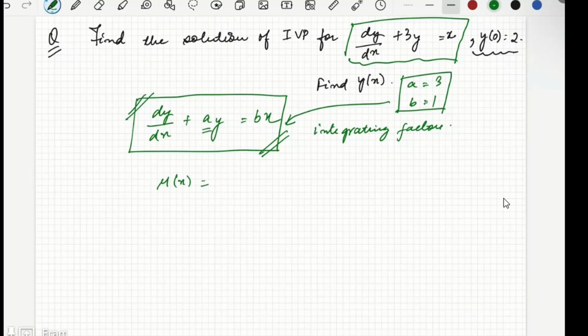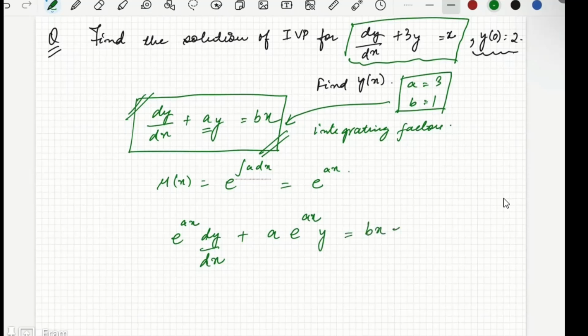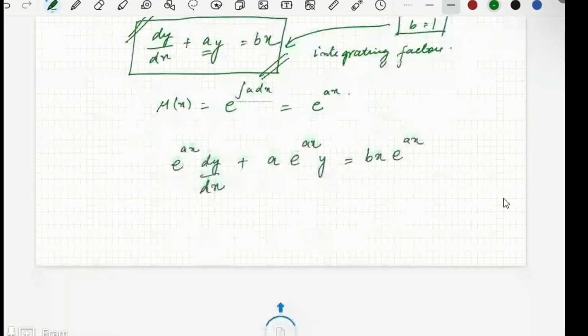This is the integration of a dx, so it will be e to the power ax, because a is a constant. Now we multiply both sides with this term: e to the power ax into dy by dx plus a into e to the power ax into y equals bx e to the power ax.